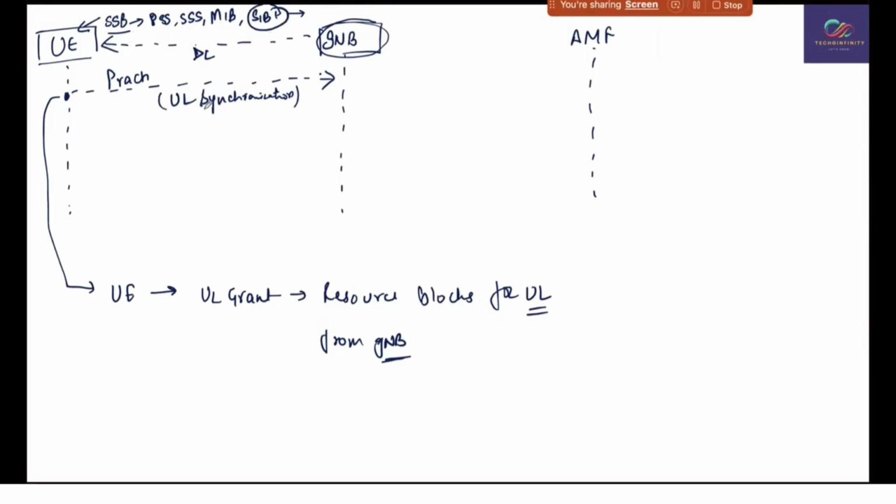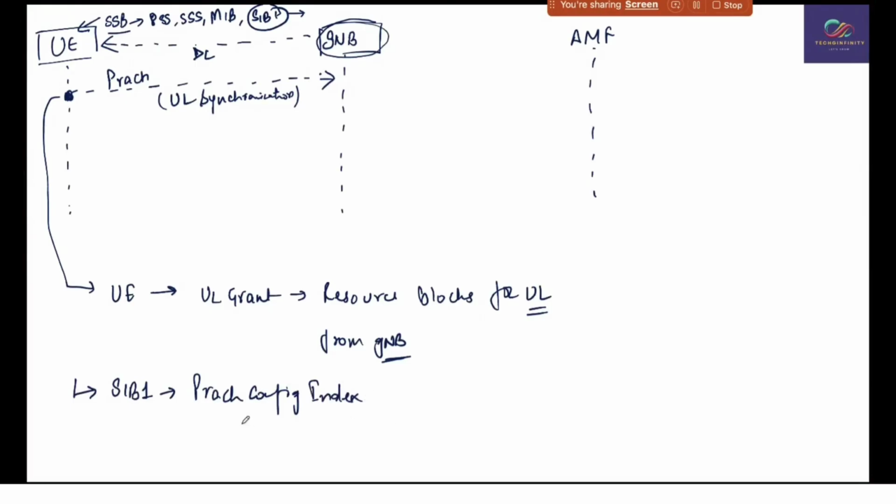So what will happen, once you got system information block 1, in which you will see the RACH related parameters, which talk about giving you the resources. Those parameters are available in SIB1. We call it the PRACH config index.